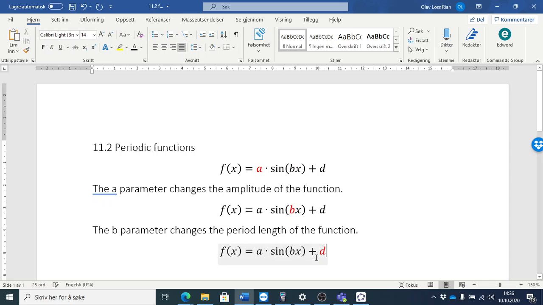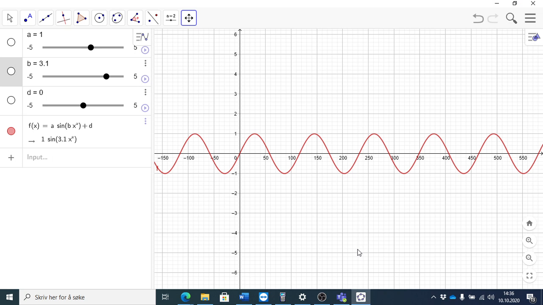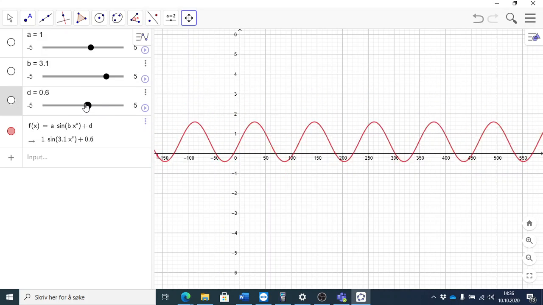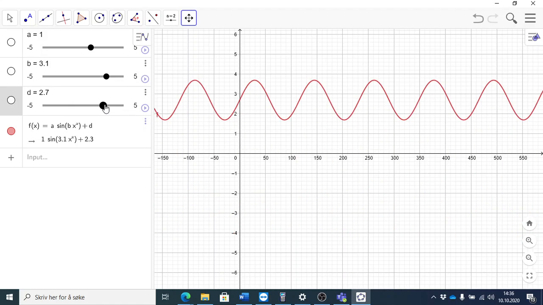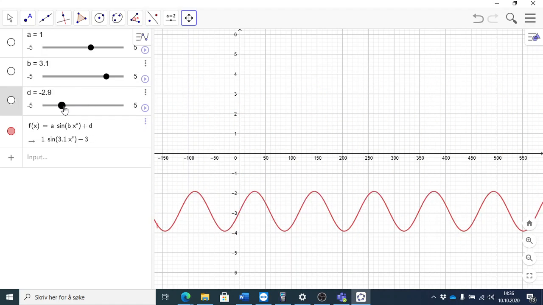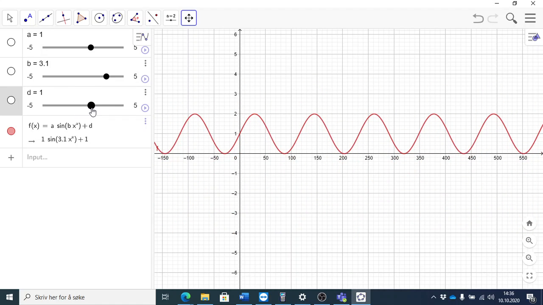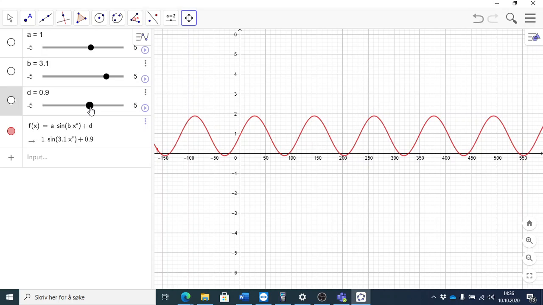What happens if we change the d parameter? So this shifts the whole function vertically, and it shifts this axis that we've been talking about before.